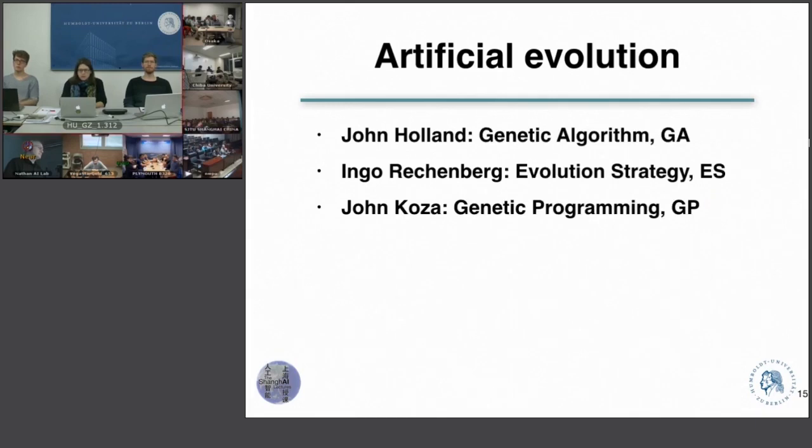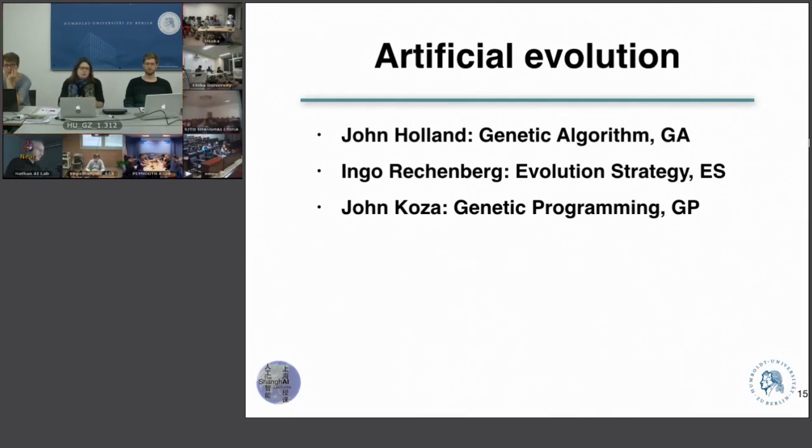The artificial evolution by John Holland was called genetic algorithms, GAs, and the ones by Ingo Rechenberg were called evolution strategies, ES. And there's also a third category by John Koza, which is genetic programming.